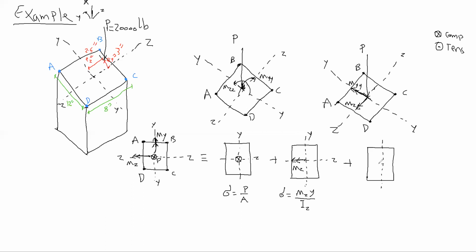This is Z, this is Z, this is Y. And the third one is the moment in that direction. The formula for this is MY times Z divided by IY.